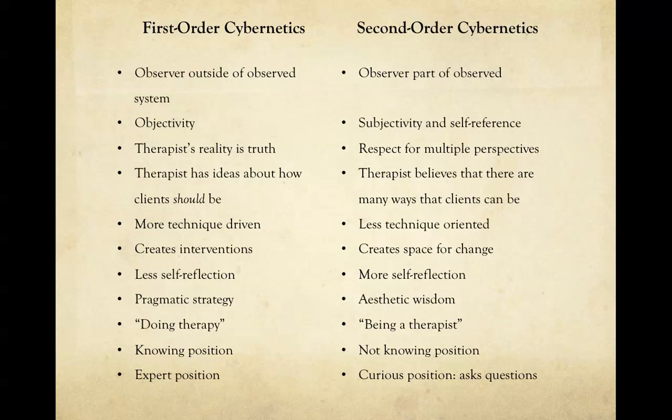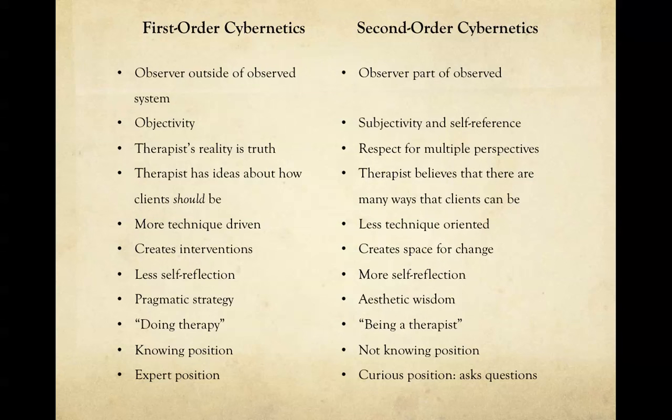First-order cybernetics operates from a perspective of objectivity, whereas second-order cybernetics includes a recognition of the subjectivity and self-reference of observations. In a first-order cybernetics perspective, the therapist's reality is the truth.